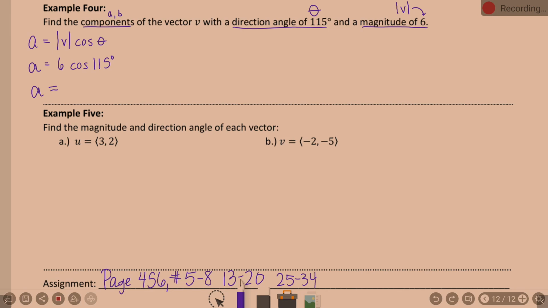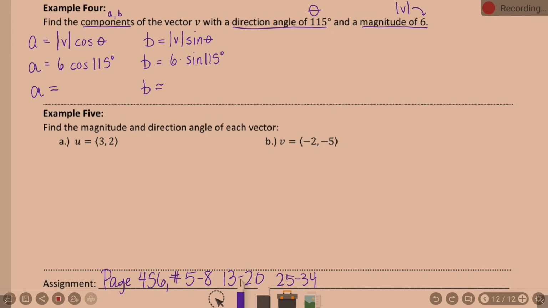How are we going to find b? b is my vertical component. So we're doing the magnitude, or length, 6 times sine of the direction angle. Yes, it could be negative. How many decimals do you go in?